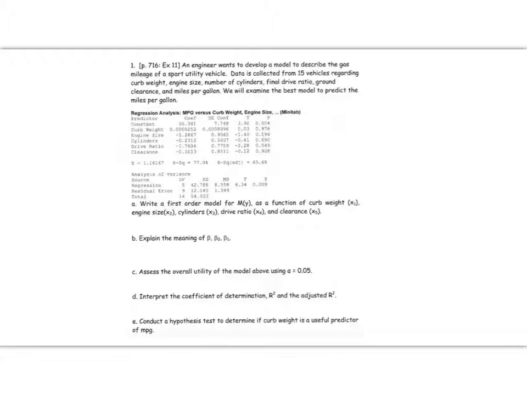That is 5 predictor variables. The first part of the question is asking us to write a first order model as a function of curb weight, engine size, cylinders, drive ratio, and clearance.